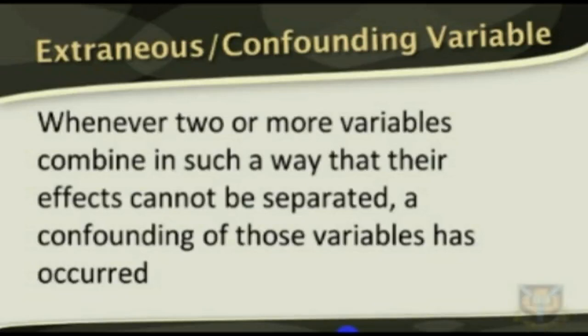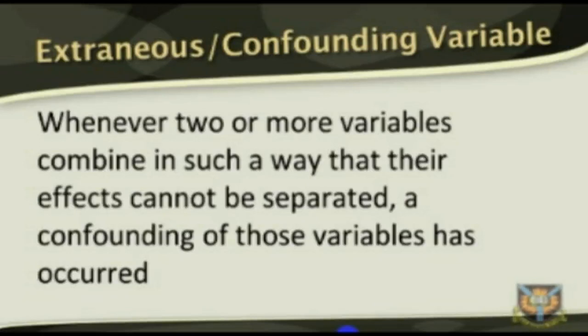Confounding is less problematic when the confounding variable is known to have little or no effect on the dependent or criterion variable, or when its known effect can be taken into account in the analysis. A confounding variable is a variable that systematically varies along with the independent variable.